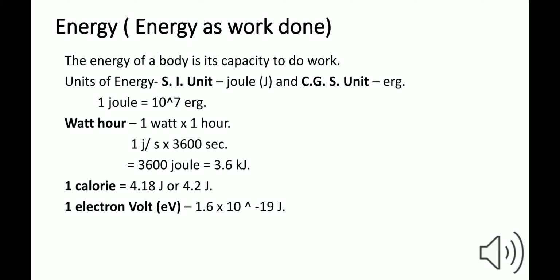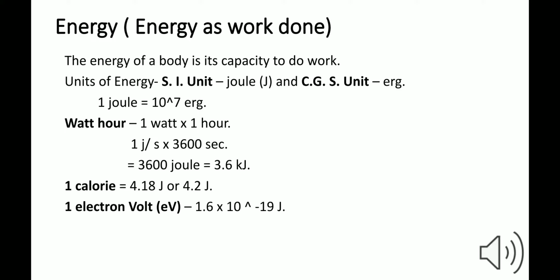SI unit of energy is joule. And CGS unit is erg, the same as work. 1 joule is equal to 10 to the power 7 ergs. We have already studied. 1 watt hour. This is a bigger unit of energy.